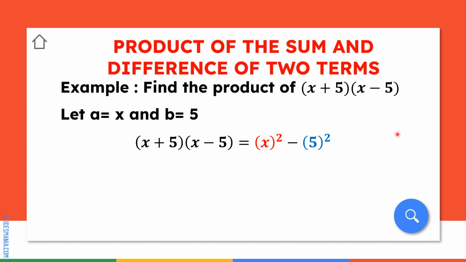Then we simplify. x squared is x squared, then 5 squared is 25, that is 5 times 5. The operation between these is always minus or negative. Therefore, the final answer, or the product of x plus 5 times x minus 5, is x squared minus 25. This is the final answer.